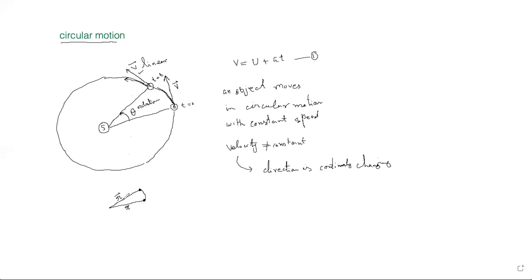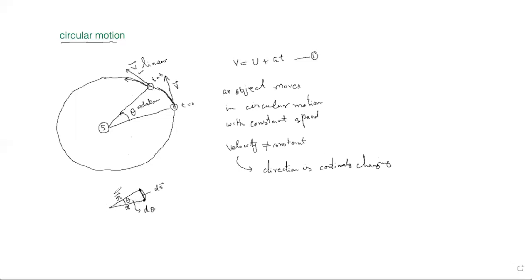For a very small angle theta, this linear path and this curved path are almost equal to each other. This linear path is the linear displacement ds, when the angle is infinitesimally small, meaning d theta.